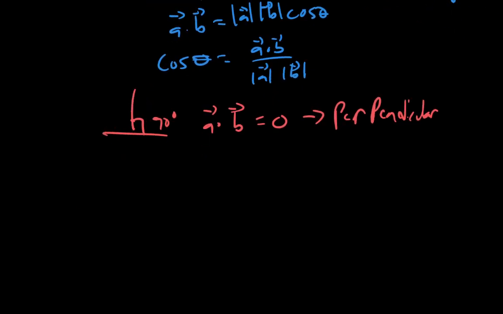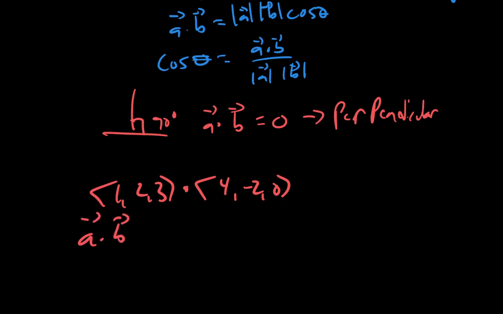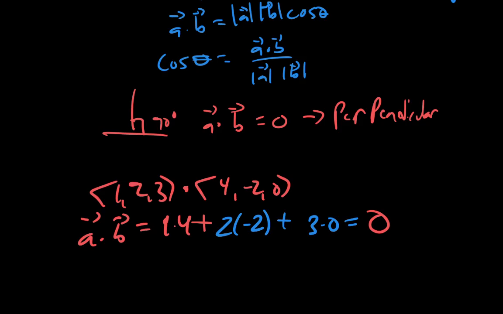For example, if we have 1, 2, 3 and 4, negative 2, 0, A dot B is 1 times 4 plus 2 times negative 2 plus 3 times 0, which is 4 minus 4, which is 0. So these two vectors are orthogonal.